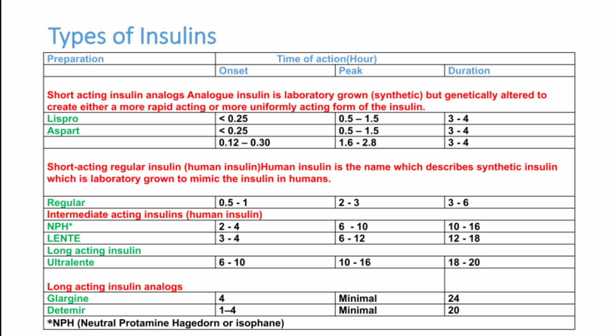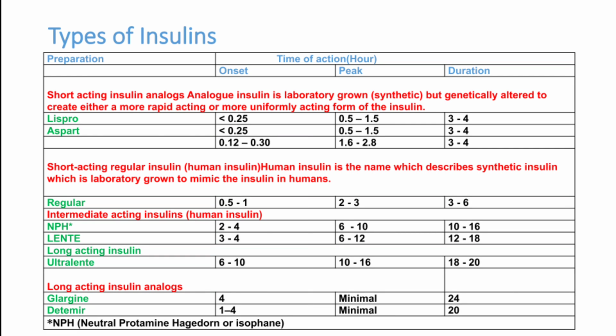These analog insulins are not human insulins, but the composition may be similar to human insulin. So antibody production may not occur against this type of insulin, and there will not be any neutralization of insulin by these antibodies. Lispro and aspart are short-acting insulins.